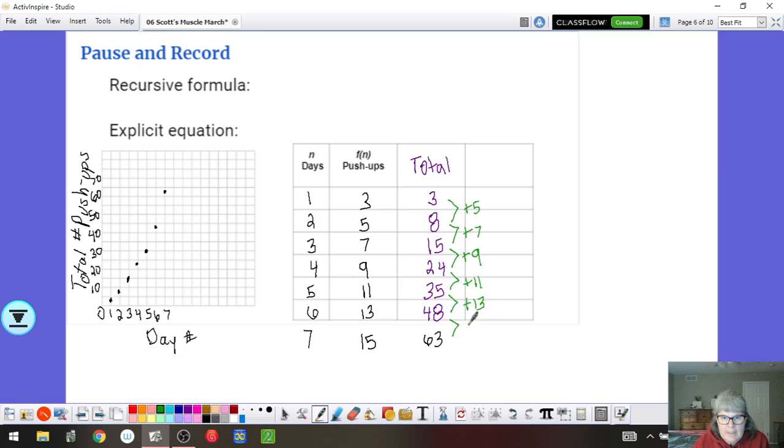And we added 15. Now this looks like our number of push-ups increasing. And we know that that difference is plus 2. This is what we call the second difference.